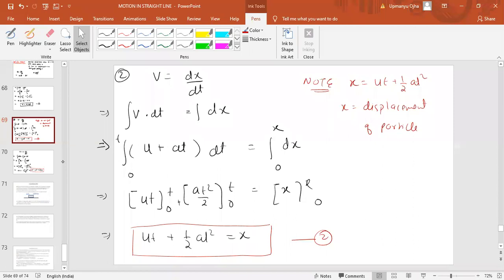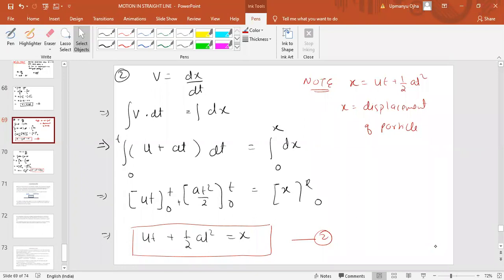In all the three equations of motion, we have assumed acceleration to be constant. Okay, if acceleration is not constant, then we have to go by the basic method. That is v equal to dx by dt, a is equal to dv by dt. Fine. So only if a is constant can we use all the equations of motion. Otherwise we cannot use them.